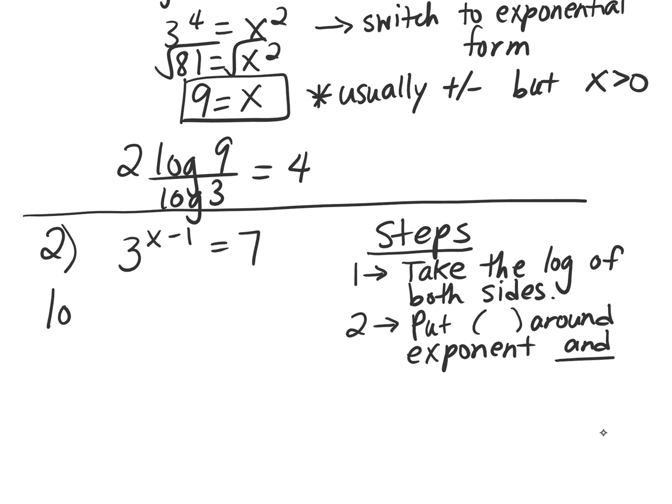So first thing I want to do is log 3 to the x minus 1 equals log 7. Make sure you don't make the 3 and the 7 look like bases, because we're using a base 10 for this so that we're able to plug it in the calculator. So again, put parentheses around the exponent, and we are then going to take that exponent and use the exponent rule.